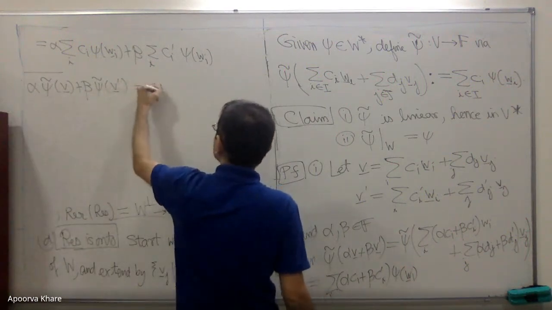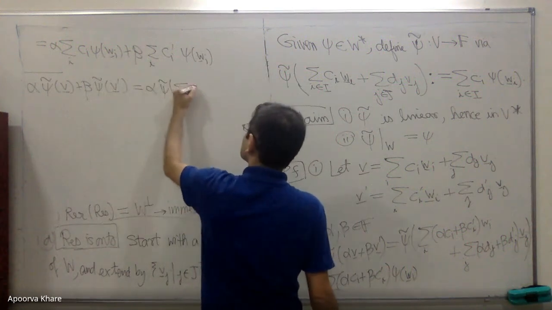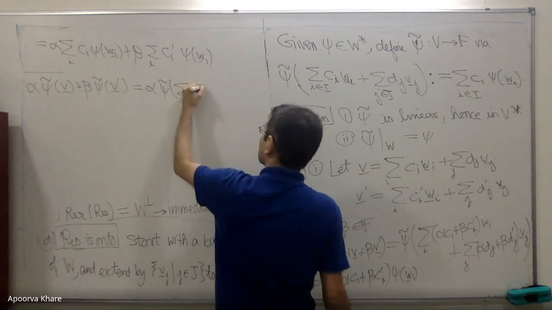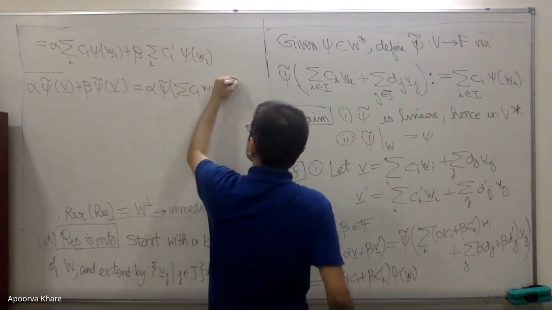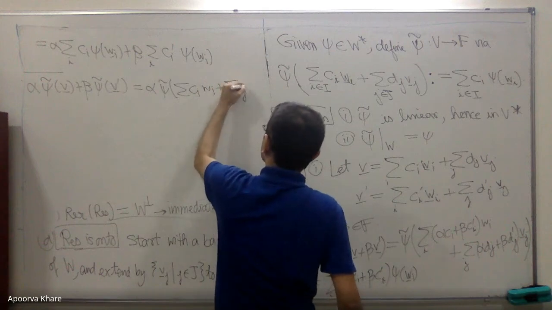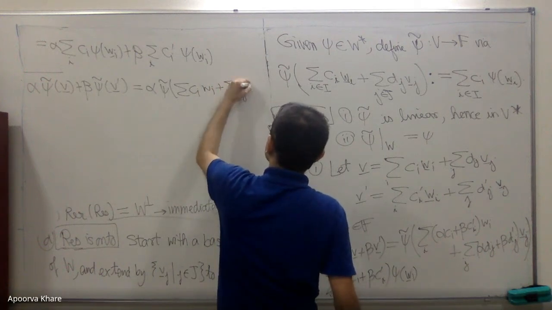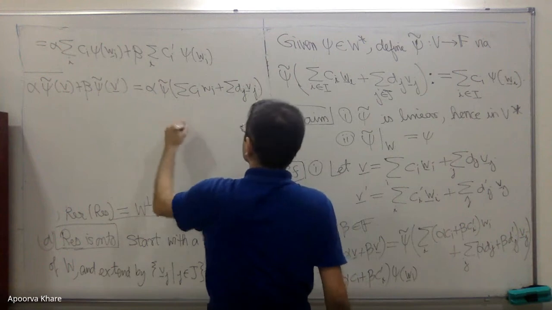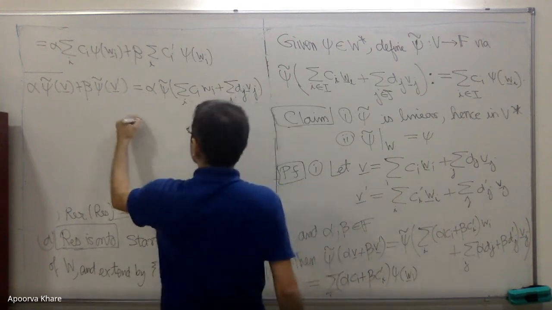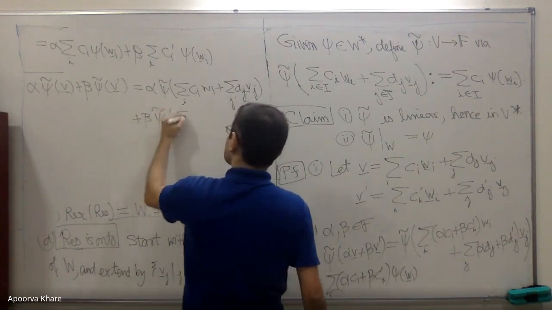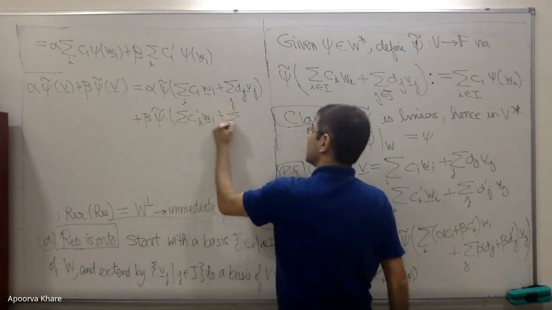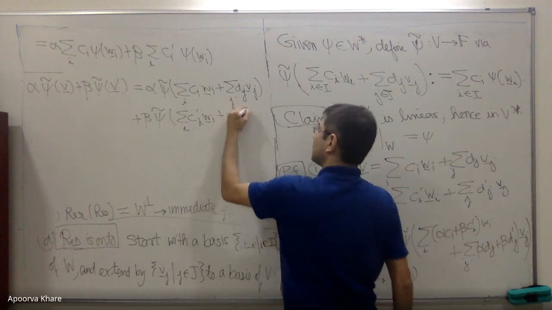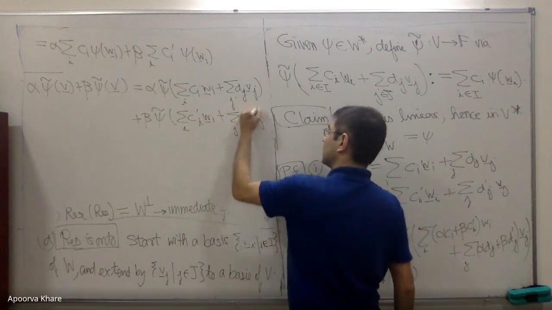I know this is alpha psi tilde of summation c_i w_i plus summation d_j v_j, plus beta psi tilde of summation c prime i w_i plus summation d prime j v_j.